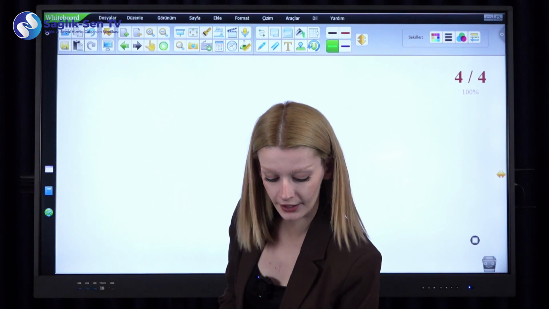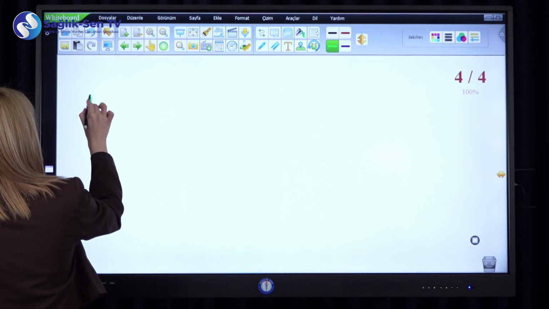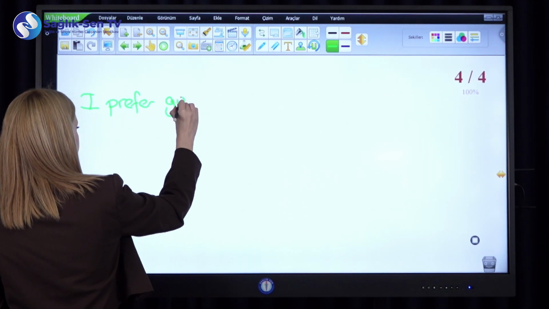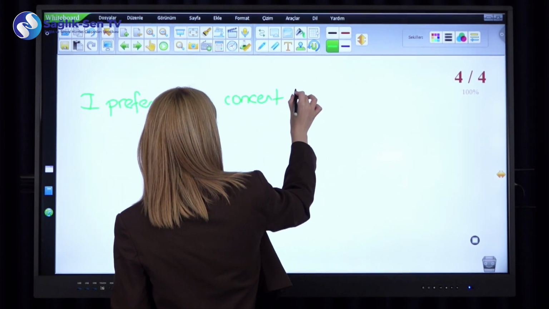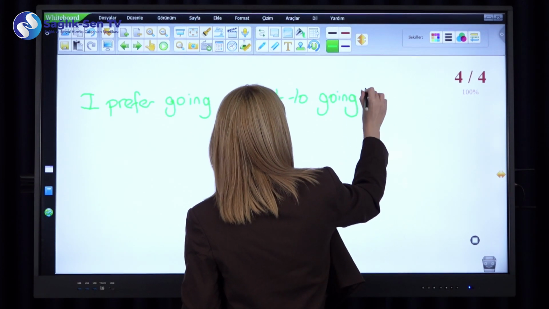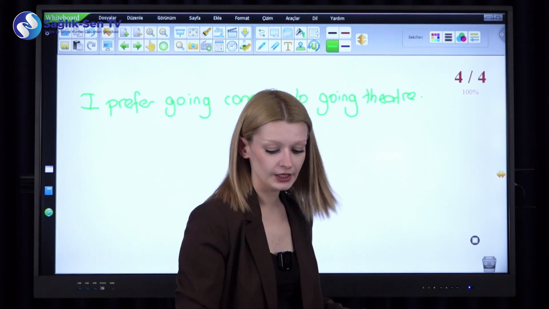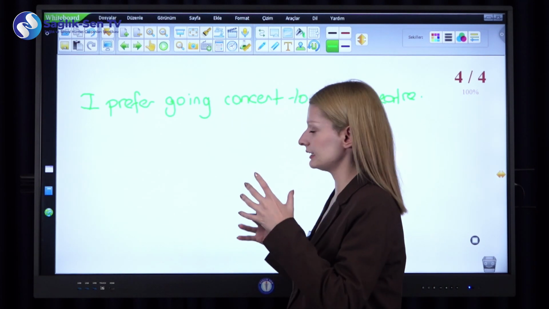Let's do another example. For example, I prefer going to concerts to going to theater. There are two things that we will be examining in this sentence.